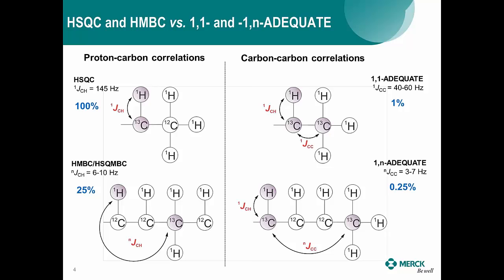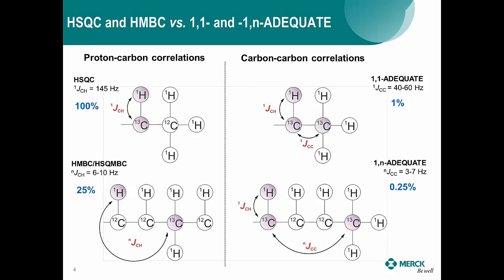Those are widely used experiments for structural elucidation of standard compounds, but when dealing with more challenging compounds, we have another kind of experiments, which are the ADEQUATE experiments that provide correlation between adjacent carbons. Now, the problem is that they are very insensitive because we are looking at signals that are between two carbon-13s.